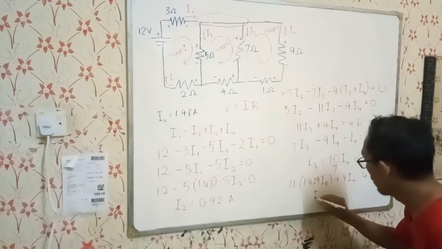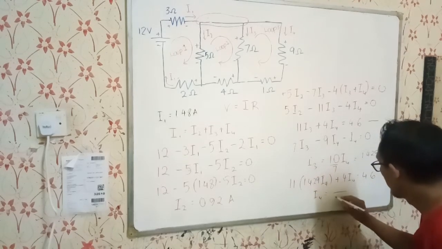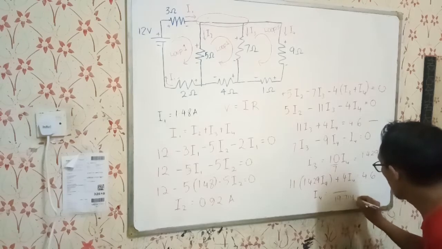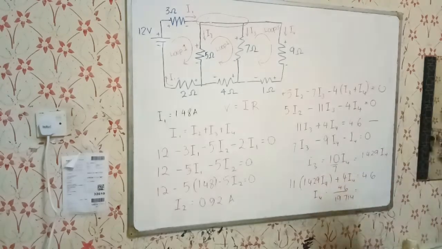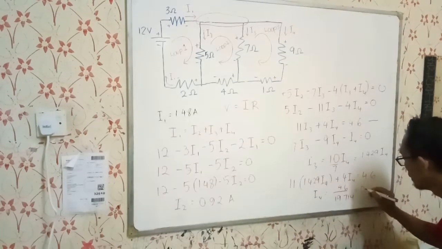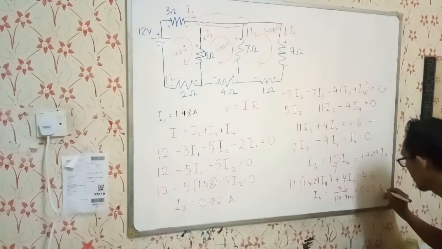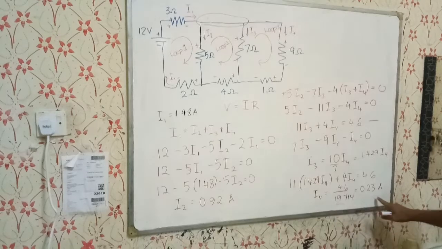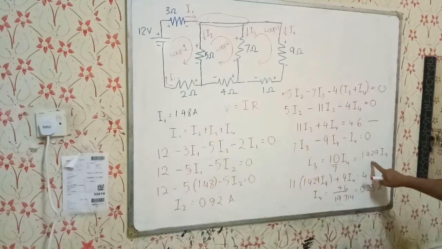So I4 will be 19.714 up here is 4.6. It will be equal to 0.23 ampere. That is the value of current I4, and for I3 just use this one.